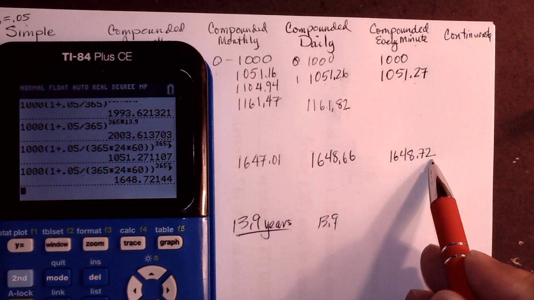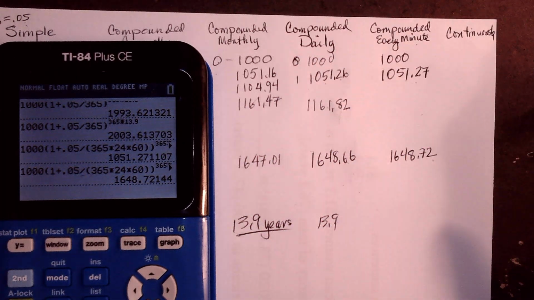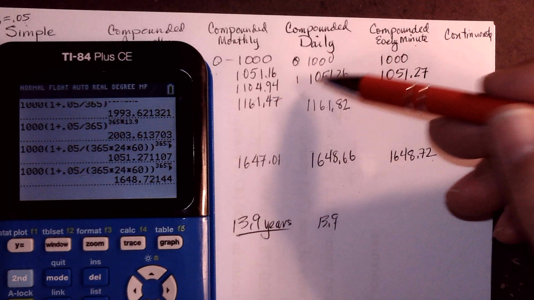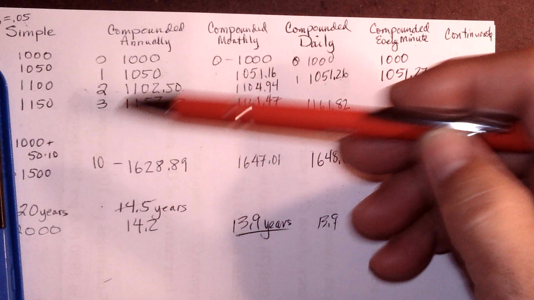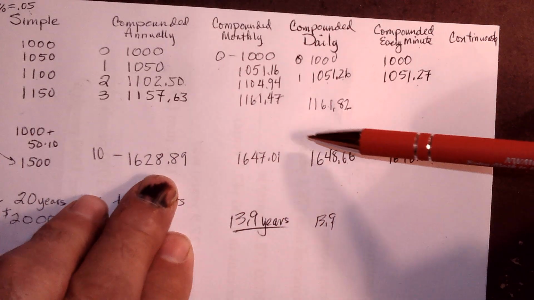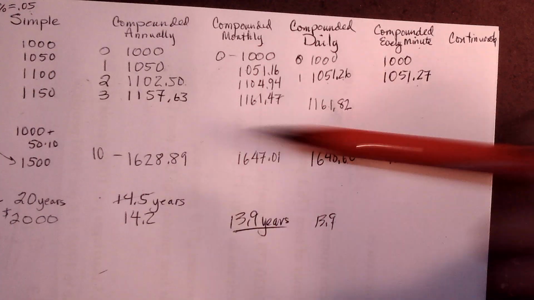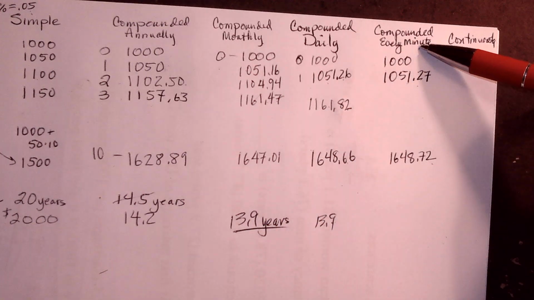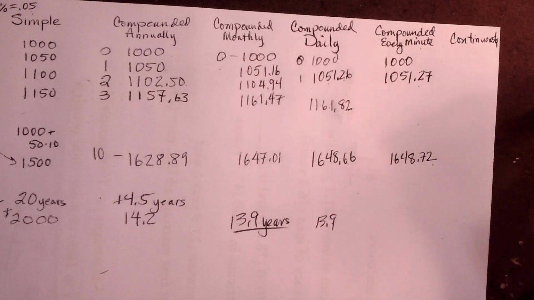So I got 6 cents more compounding every minute than daily. Not a whole lot of difference. When you start compounding, it makes a difference. And the more times you do it, it makes a little bit better difference. But if you start getting to too small time periods where you compound, it's not making much difference at all.